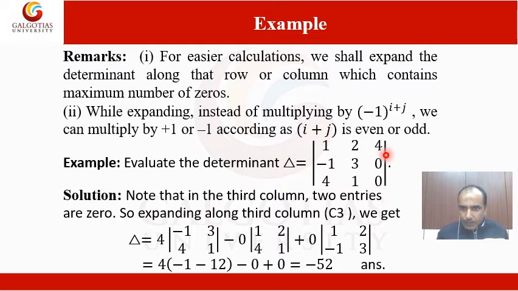So first we write the first element of the column 3 and this is 4. So we write here 4 and the position of this element is first row and third column. So 1 plus 3 is even, so we write here plus 1. That is we multiplied 4 with plus 1.